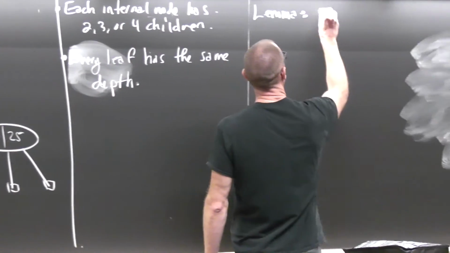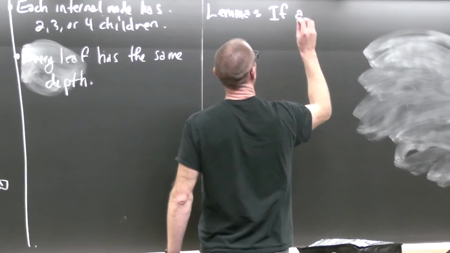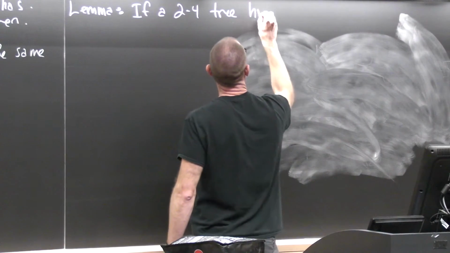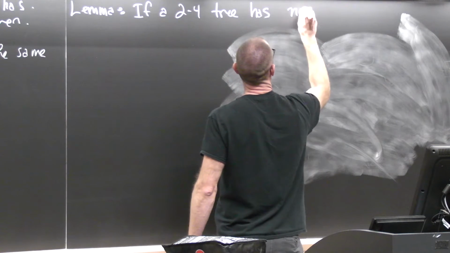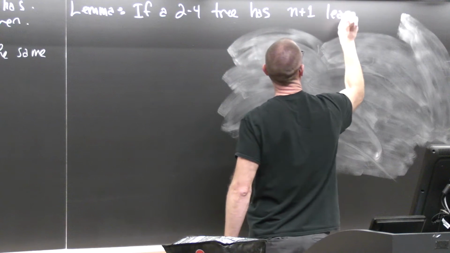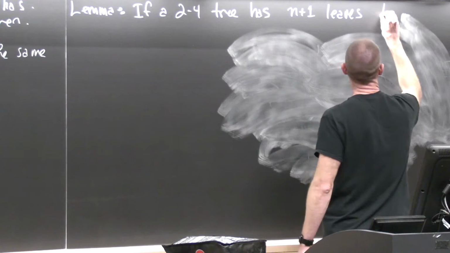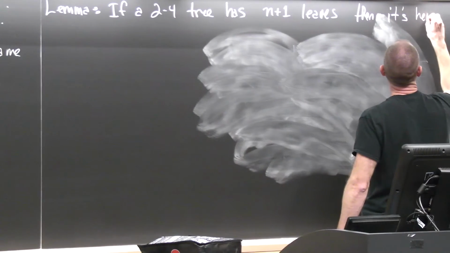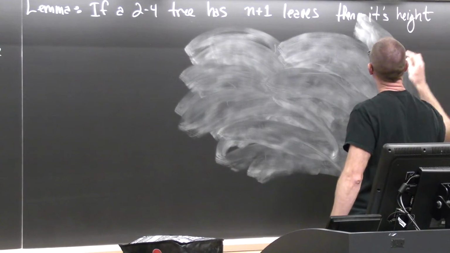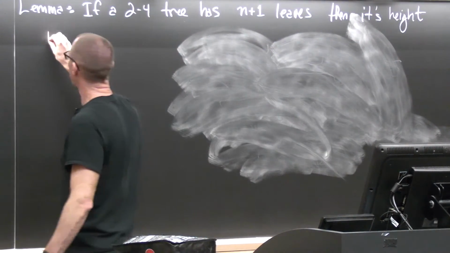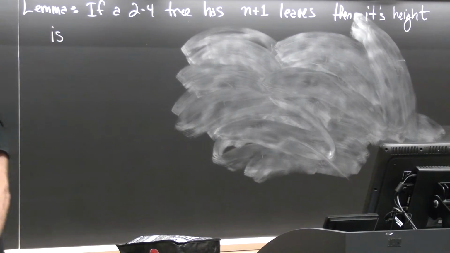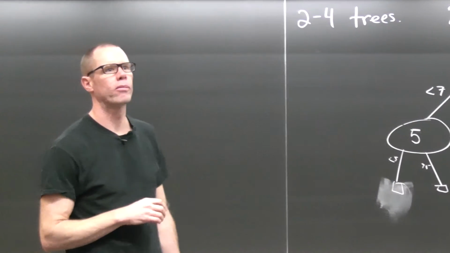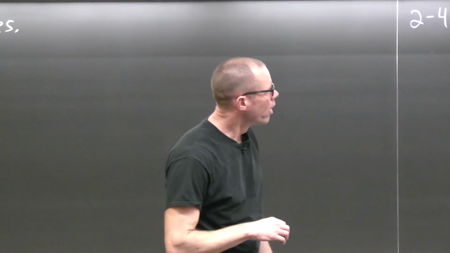So if a 2, 4 tree has, let's say, n plus 1 leaves, then what can you tell me about its height? Not immediately obvious.